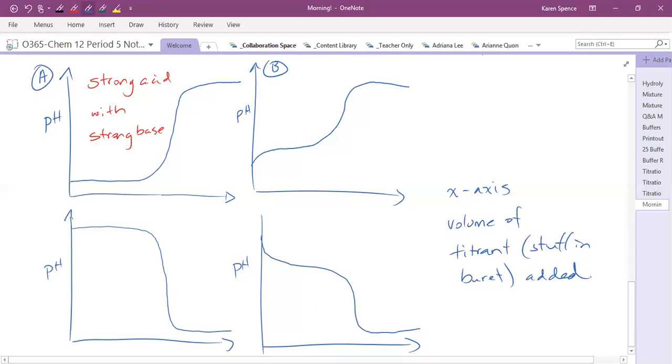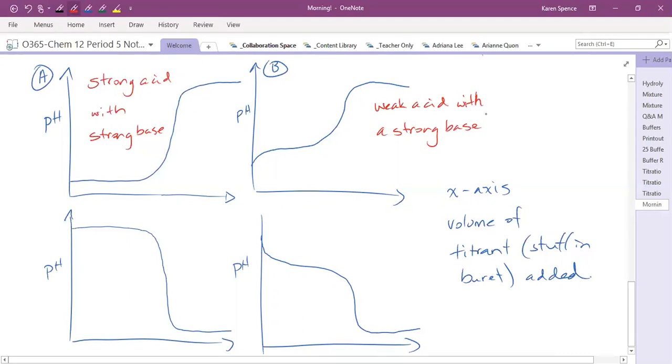What do we have in curve B? Yeah, it is a weak acid with a strong base.